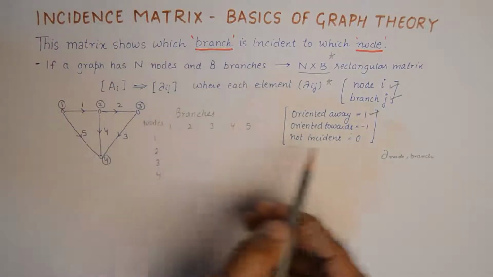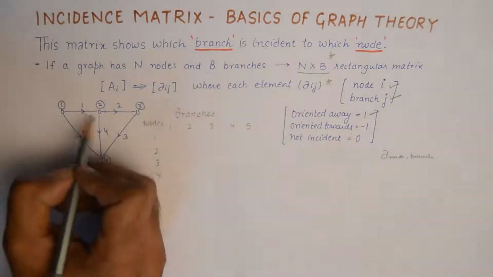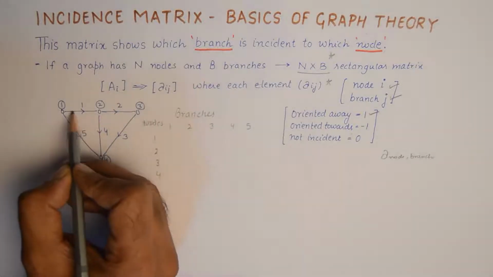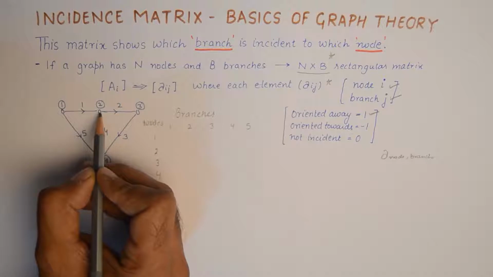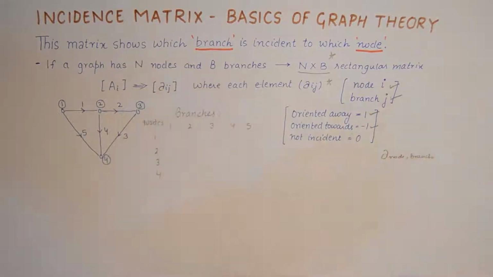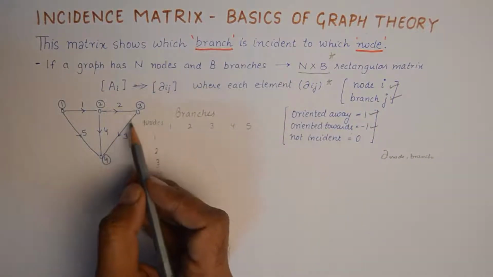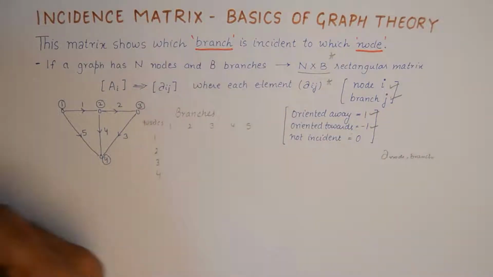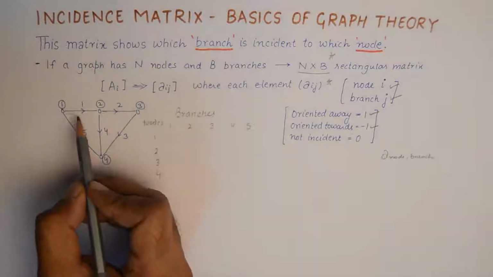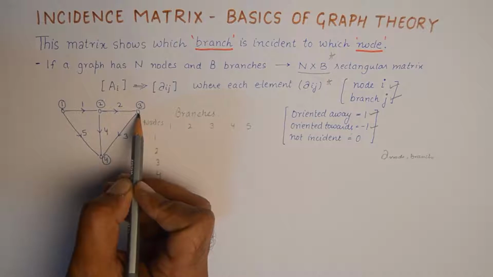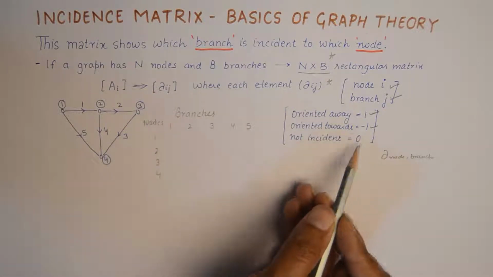If the branch is oriented towards a node, and that could be illustrated by this case, that branch 1 is oriented towards node 2, we'll put a -1. Another example could be branch 3 is oriented towards node 4, so we'll put a -1. And of course, branch 1 is not incident to node 3, so we'll put a 0.